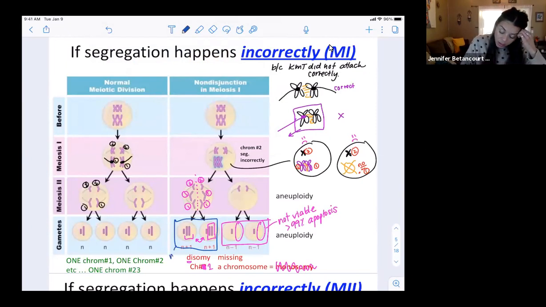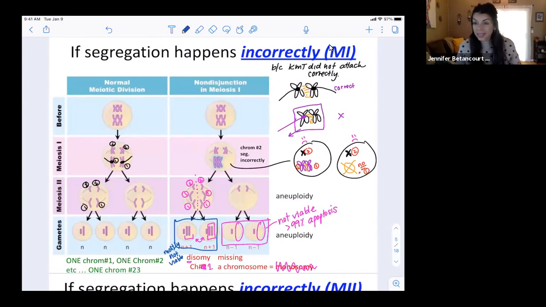Most of the time, it's mostly not viable, meaning you can't create an embryo with it. Sometimes it is, and if that gamete is used to fertilize, to create the next generation of embryo, that embryo generally tends to have some developmental disorders or delays, or the development in utero is so bad that the embryo gets aborted.